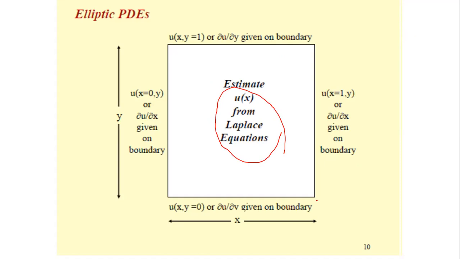And in Dirichlet boundary conditions, let's say this is your origin. The x value here is 0, and the x value at the other side is 1.